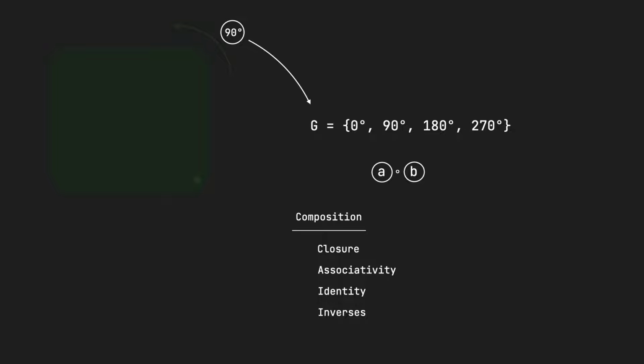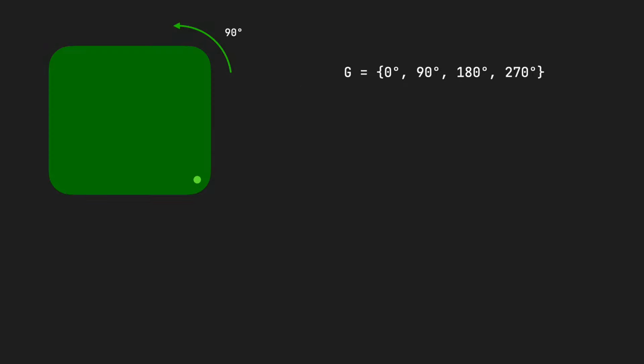In this case, we're applying that group to the square, and the square is represented by a space. This is represented by a set where we have a number of points, x, y, in R2. And I could apply a group to it. Whenever I do so, it's called a group action.